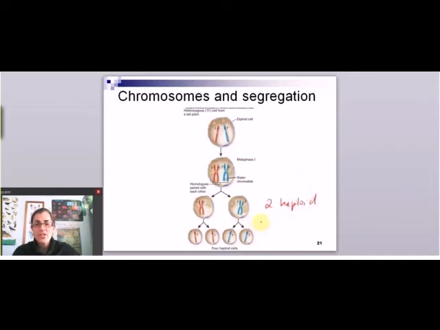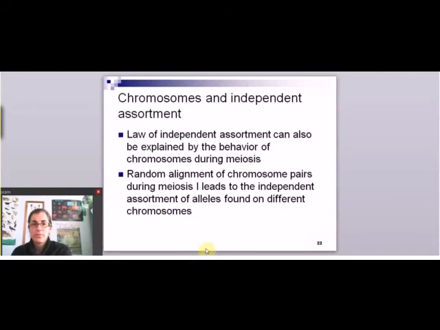So the second division, meiosis 2, will create four haploid cells where the chromatids are now separated, and each one has either a small t allele or a big T allele. So Mendel saw that you saw separation of the alleles so that each gamete only had one allele. And again, that's because of what happens to the chromosomes during meiosis.